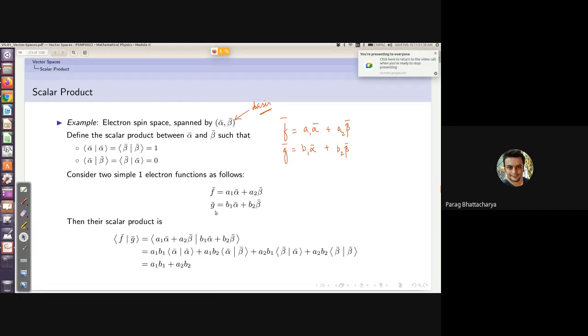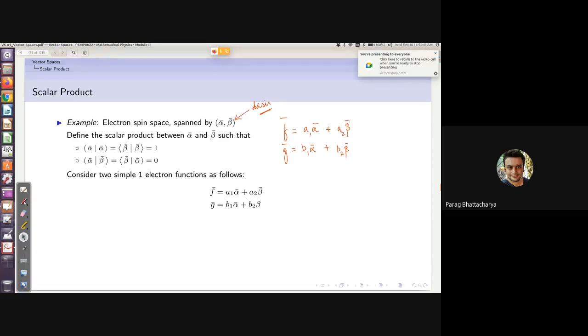Okay, so what is the scalar product? Let me just work this out. Let me write down the scalar product here, because the steps are not worked out here. I want to find the scalar product of f and g. The way to go about it is I need to first expand f as well as g.